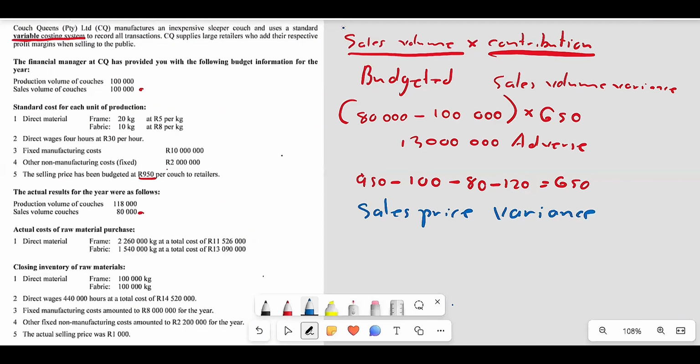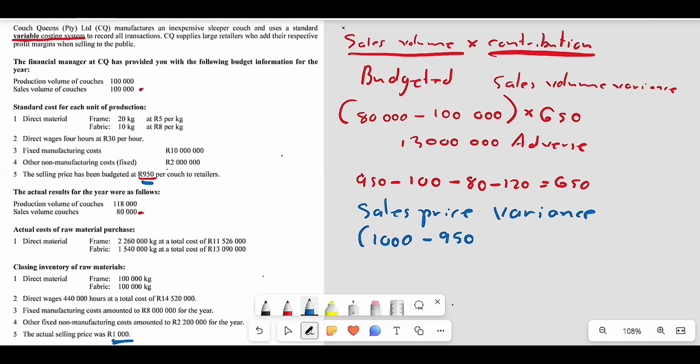Okay, so you take the actual price, which is 1,000, minus the budgeted selling price, right?